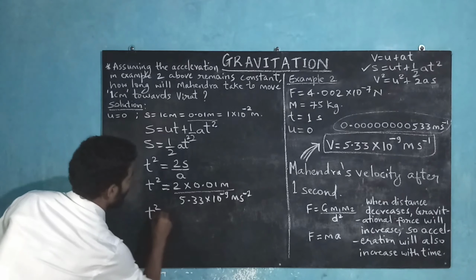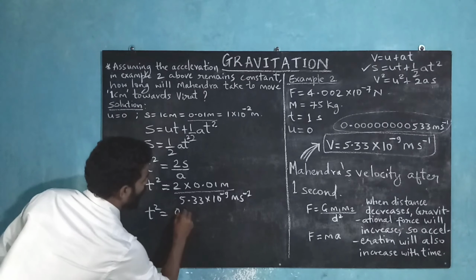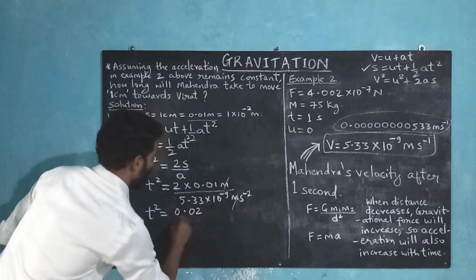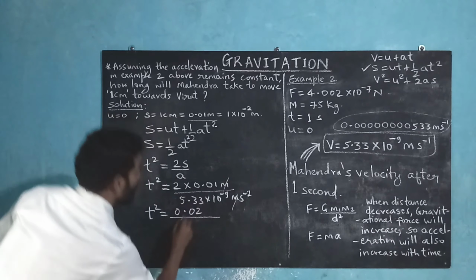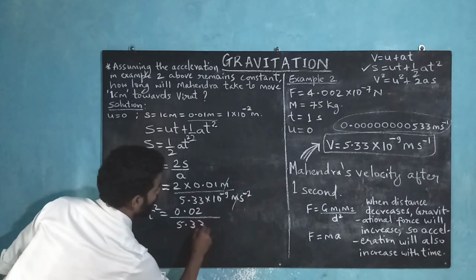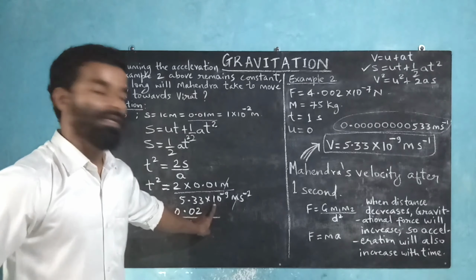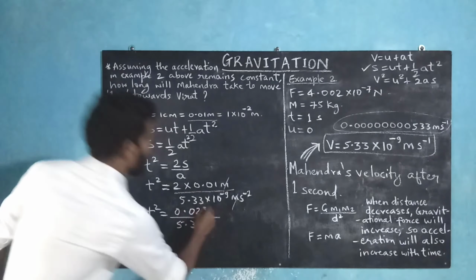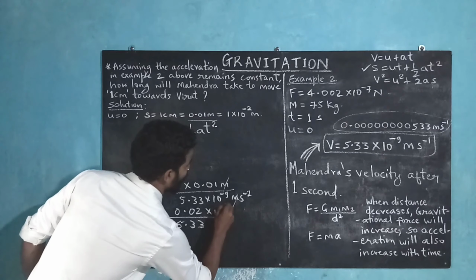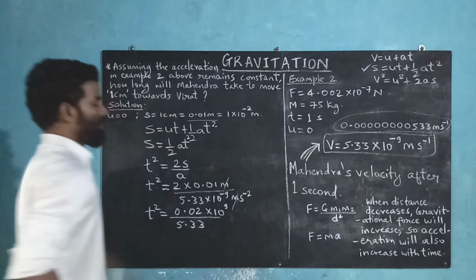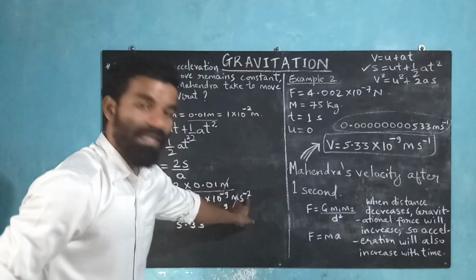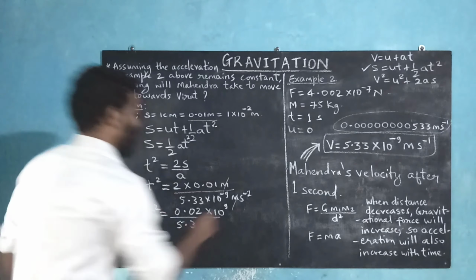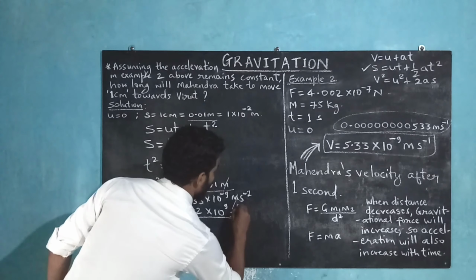So t square will be equal to 0.02. This meter we can cancel. And then 5.33. Instead of writing 10 raised to negative 9 in the denominator, you can take it to the numerator and write it as 10 raised to positive 9. The same thing with the second raised to minus 2: you can take it to the numerator, and it will become positive. So second square.